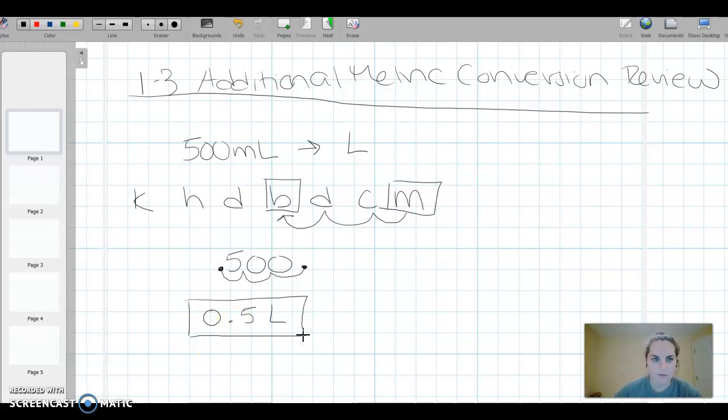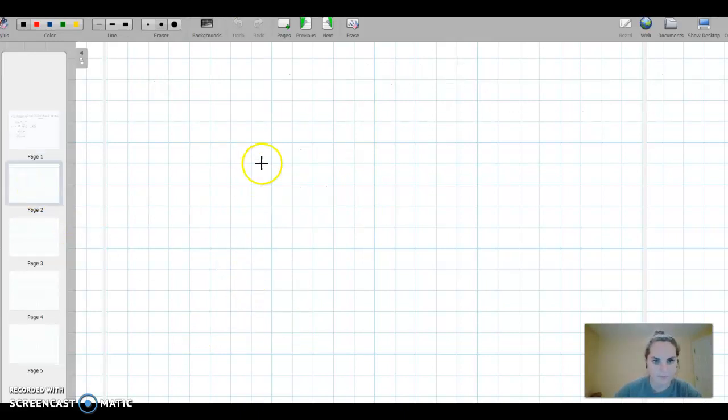So let's go to another example. Let's work with a length measurement. I'm gonna move down to number 7. It is giving us 5.5 centimeters, and it wants us to convert it to millimeters.